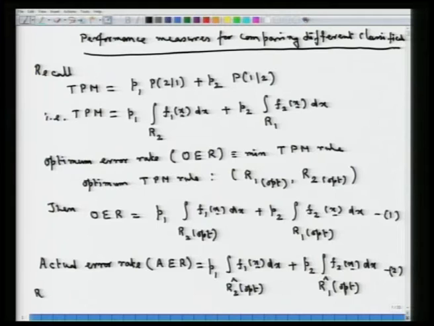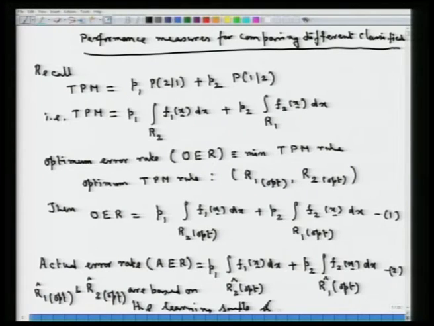Now, these R1 opt hat and R2 opt hat are based on the learning sample, which was denoted by script L. Once again, if you look carefully at this OER or AER, although AER has this estimate in it, we still keep f1(x) and f2(x). So, these quantities are still unknown.